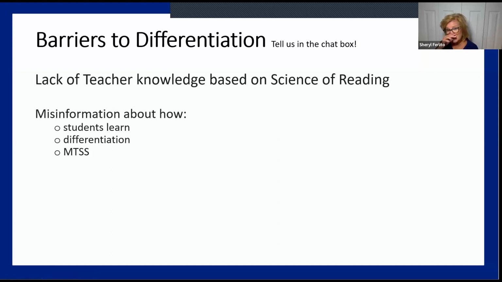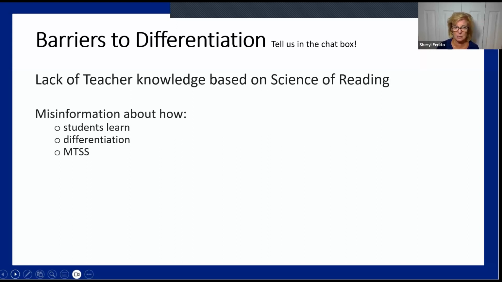So you might think, well, these students can just memorize all of these words, and you're just going to give them fewer words to memorize. That's one way to cut back, but that's not really going to help because that's not how students learn, right? There could be misinformation about differentiation in general. If we think that differentiation is not doable, we may not do anything at all because it just seems too difficult. And then also misinformation about how MTSS works.